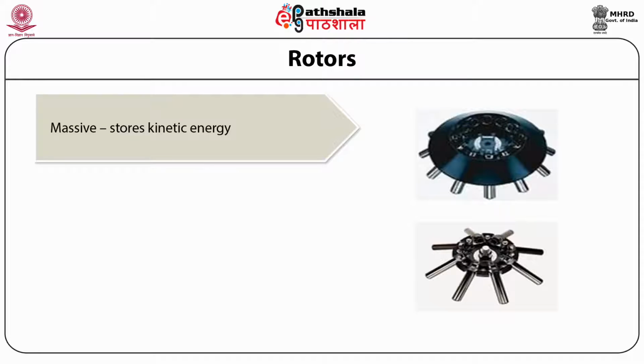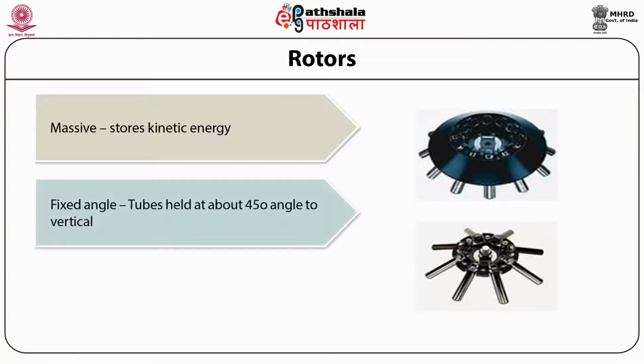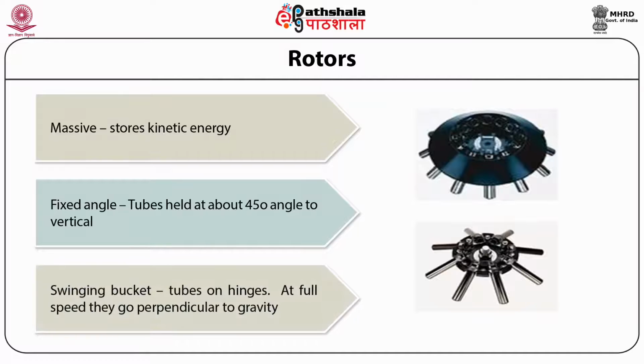It comes in two forms: a fixed angle rotor, in which the tubes are held at about a 45 degree angle to the vertical, and the swinging bucket, with tubes on hinges that at full speed are perpendicular to gravity. The type of rotor one uses is determined by the experiment and the sample, with limitations for some particular types.